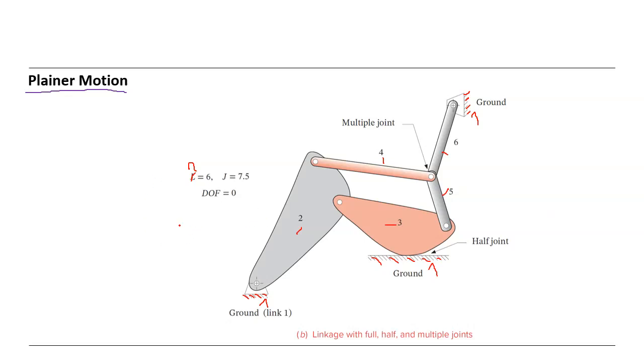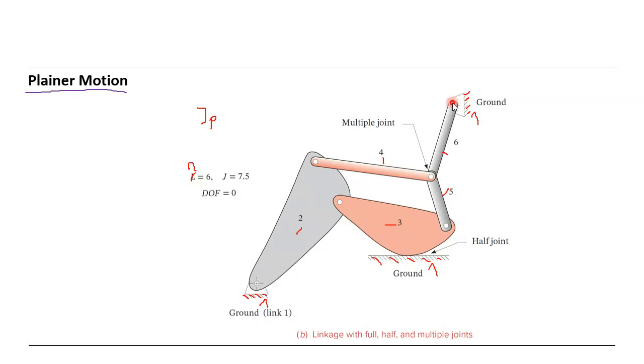So the joint primary. How many joint primary do we have? Let's see. 1, 2, 3, using this as a pointer to show it. So 1, 2, 3, 4, 5, 6.